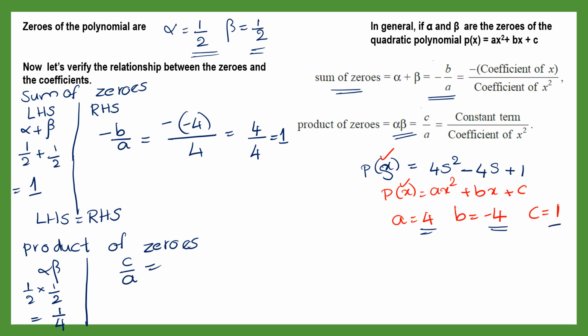C is 1, a is 4, so 1 by 4. So here also product of zeros is verified with the coefficients of the polynomial. Hence verified, LHS is equal to RHS. Hence we are able to verify the relationship between zeros and coefficients.